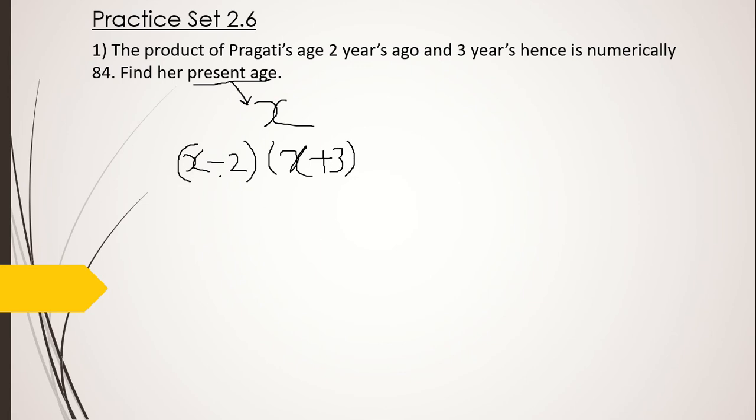So this is her age 2 years ago and this is 3 years after. Now the product of these two, product means multiplication, is 84.